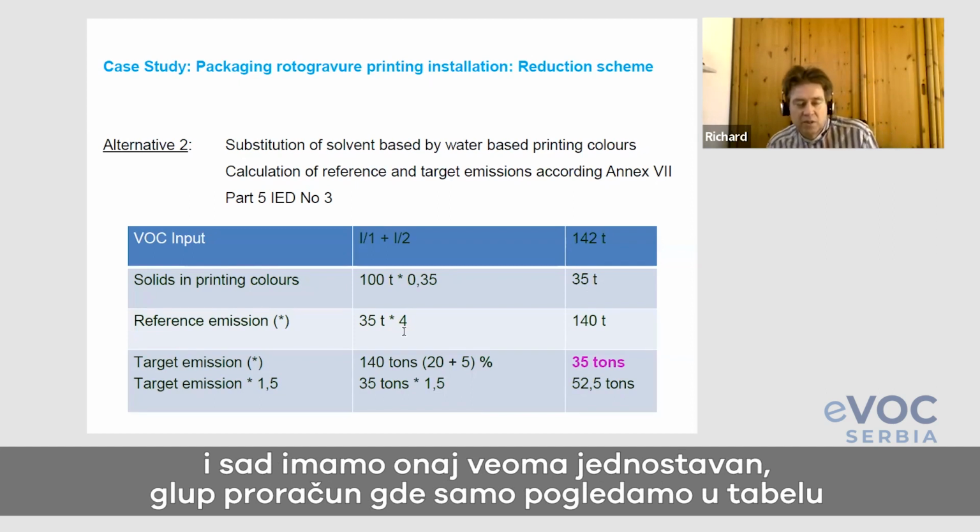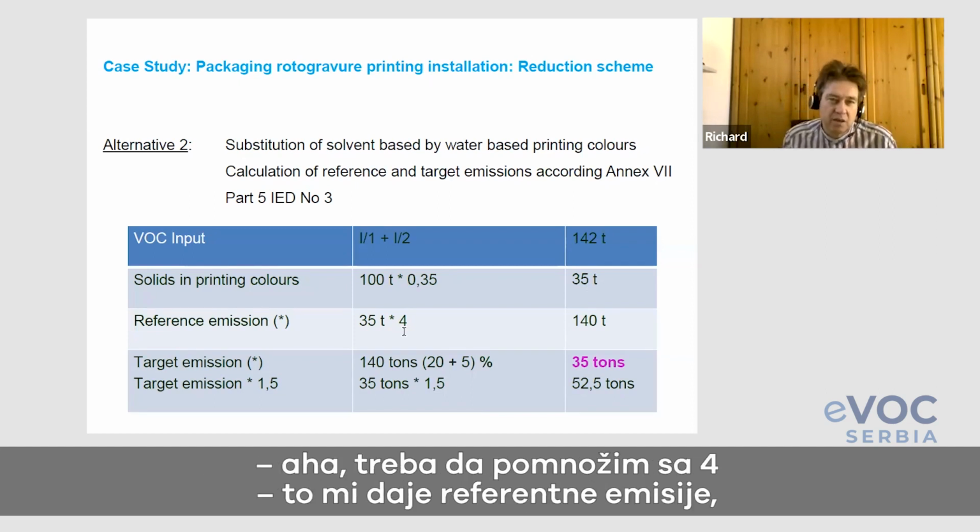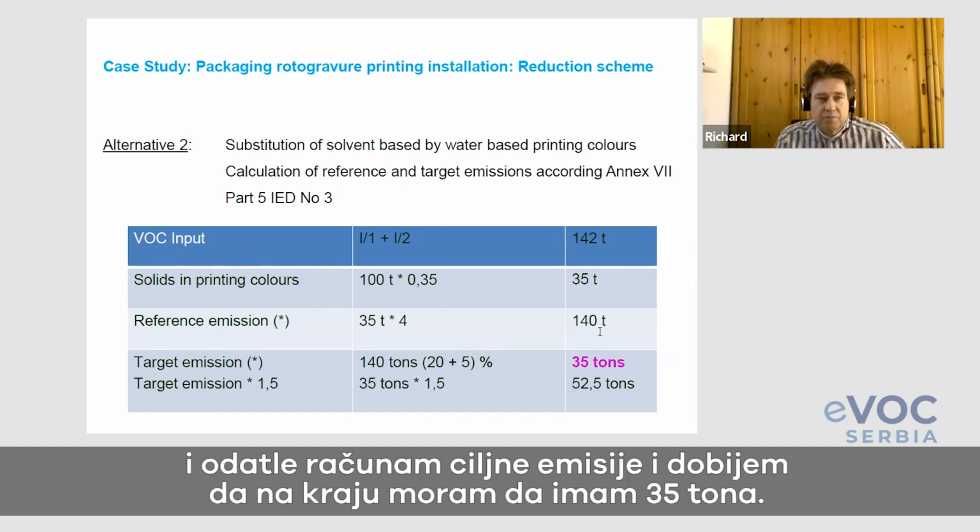You just look in the table, you see, oh, I have to calculate by 4. And here's a reference emission. And from that, you get the target emission. And you see, you must have 35 tons at the end.